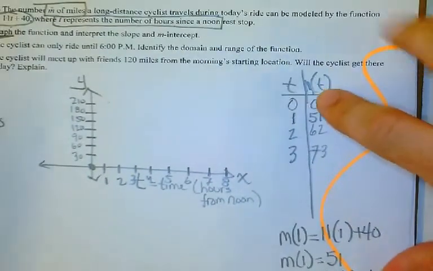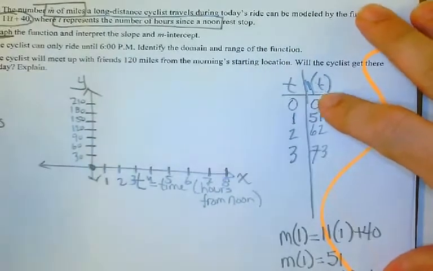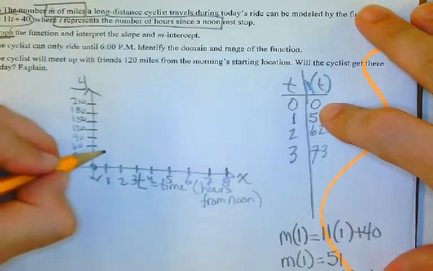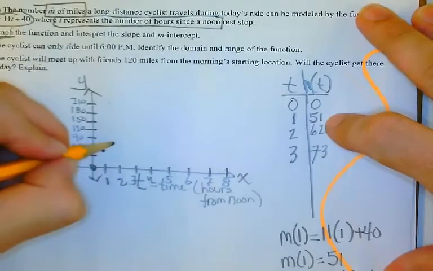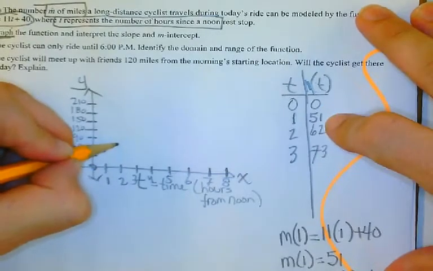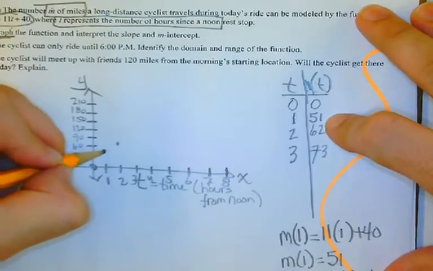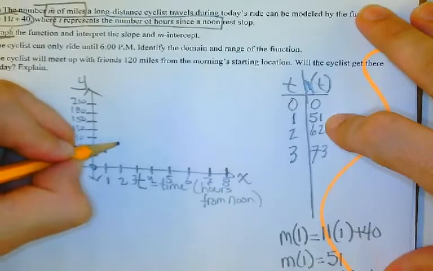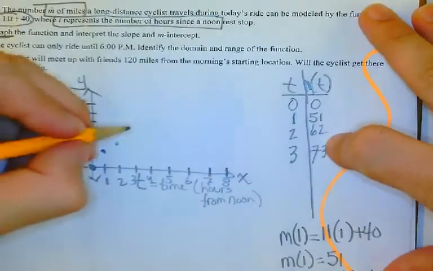And now let's place some of these numbers on. We have 0, 0 already there. Let's put a 1, 51, 2, 62, and then 3, 73.